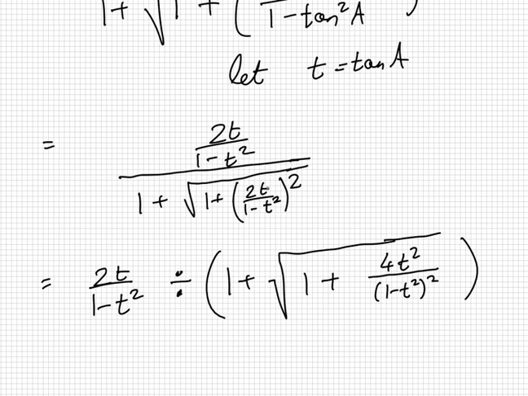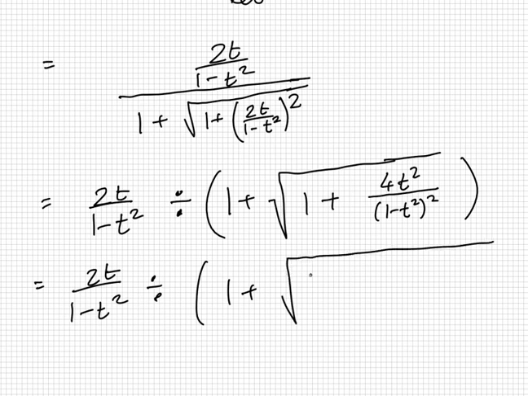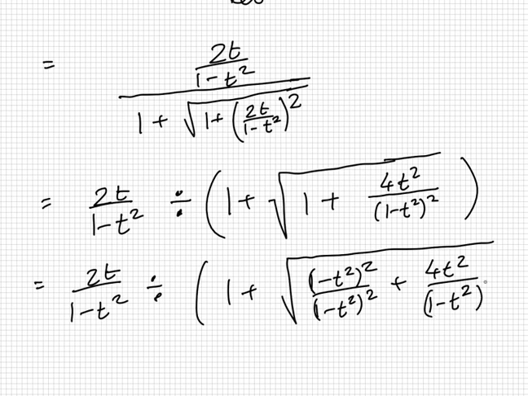I just put the square in here. So this is 2t over 1 minus t squared divided by 1 plus square root 1 minus t squared squared over 1 minus t squared squared plus 4t squared over 1 minus t squared squared, like that.